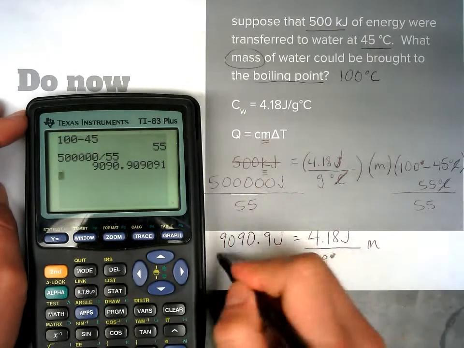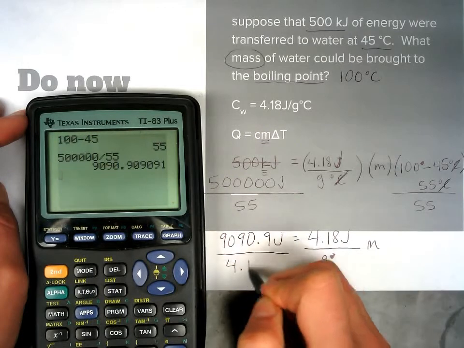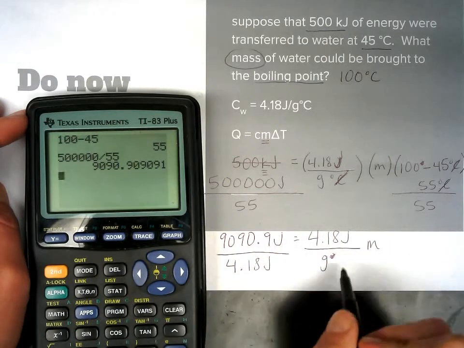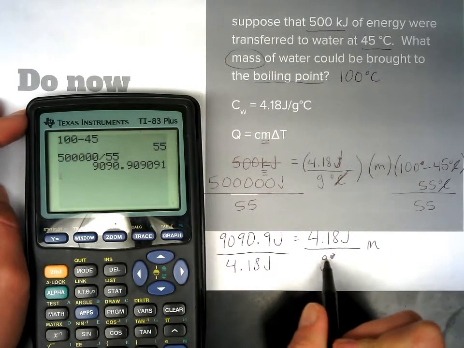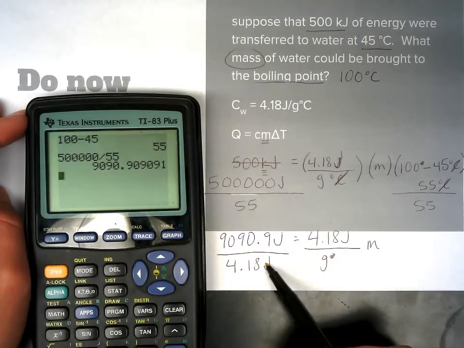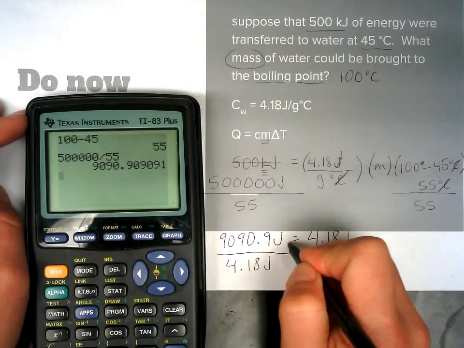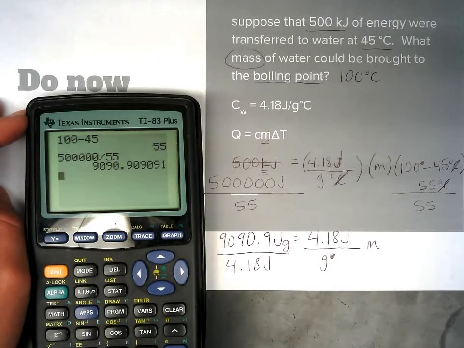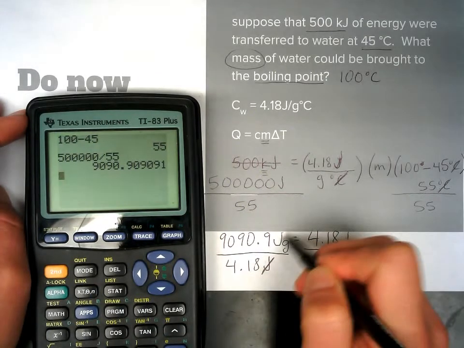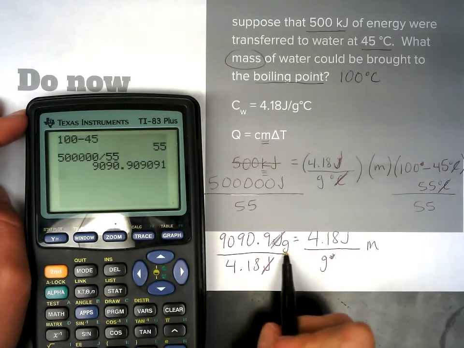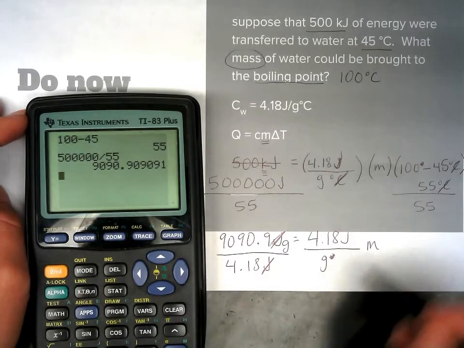So now I'm going to divide by 4.18 joules, and this gram, because it's on the bottom here, when we are dividing it, it gets flipped upside down and the grams goes on top. So I just wanted to show you how the units work themselves out. So joules cancels out, we're left with grams. So let's go ahead and do our math.